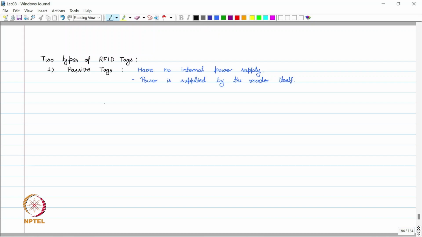And there are certain merits and demerits of these passive RFID tags. The very first one is the cost. This is less expensive. The size is very small.